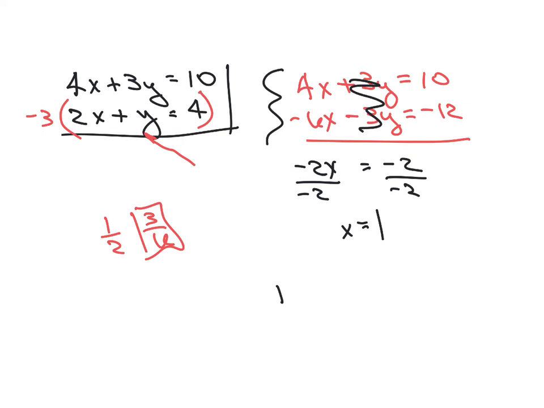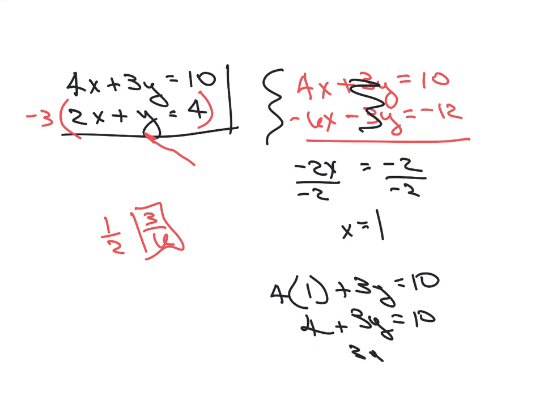Let's take the top one, and we're going to put the 1 in for the x so that we can find the y value. Subtract 4 from both sides. Divide by 3, divide by 3, and we get y equals 2. So x equals 1, y equals 2.